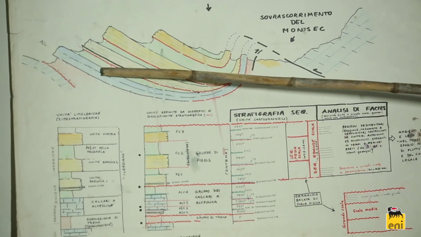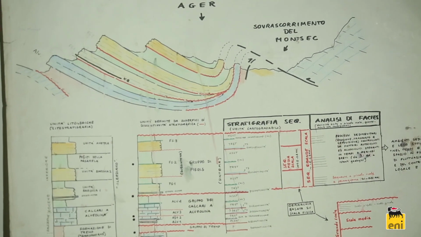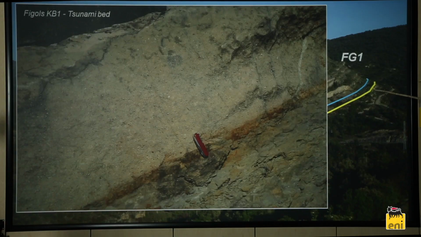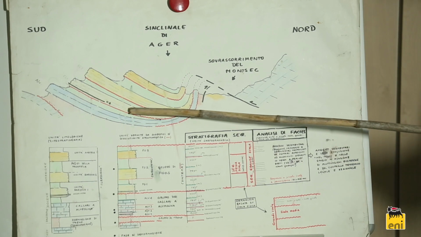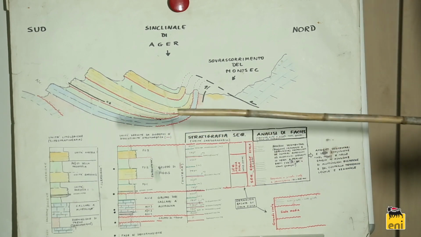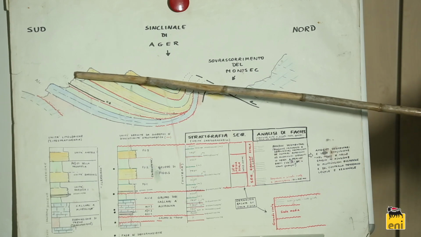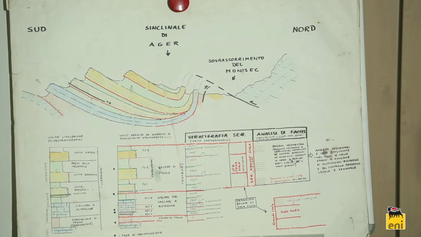So these carbonates here would be this one, shale above, sequence boundary in red here and in yellow here, and the blue here is the black one in here, and this is the key bed. There is another key bed that we call key bed number 2, slightly above, but it is not as spectacular as this one.